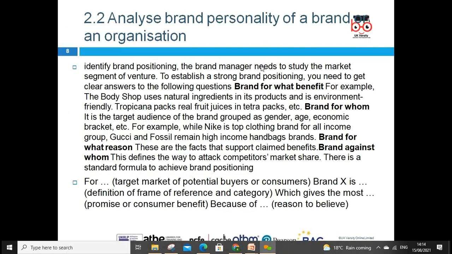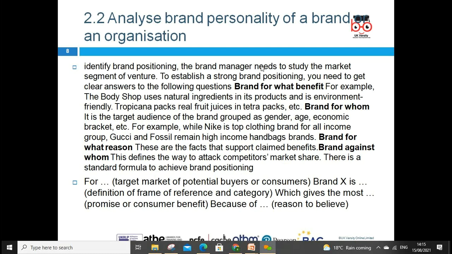Second, 1.2: analyze the brand personality. As we mentioned previously, brand personality identifies the brand position. Brand managers need to study the market segment. They need to segment by demographic, psychographic, behavior and locations, which we discussed. The Body Shop uses natural ingredients in its products, environmentally friendly. Tropicana packs real fruit in Tetra Pak.